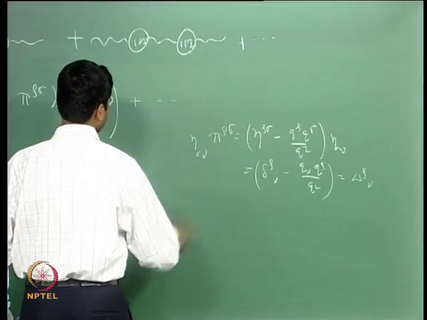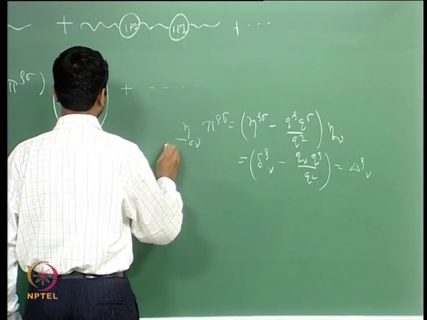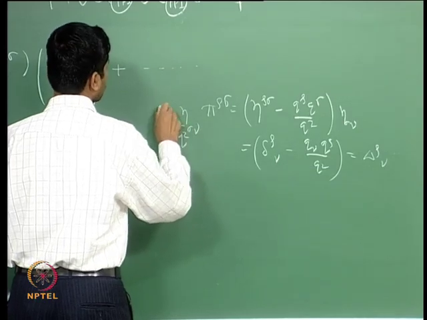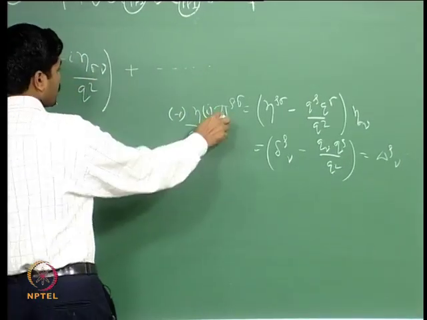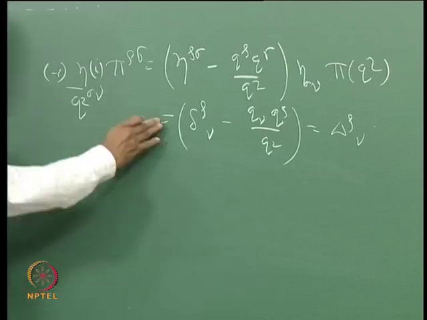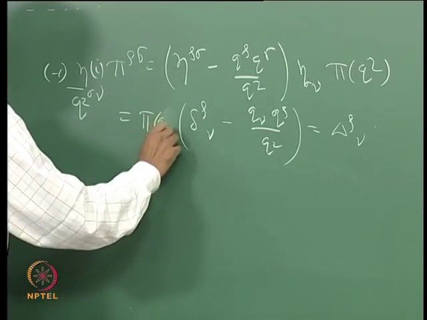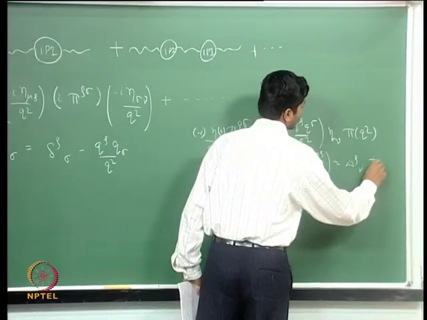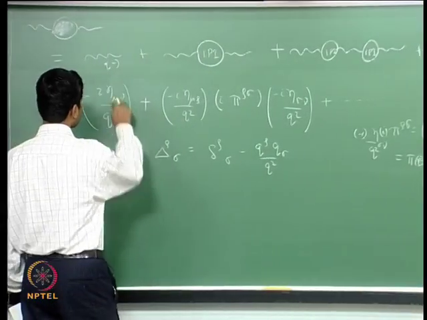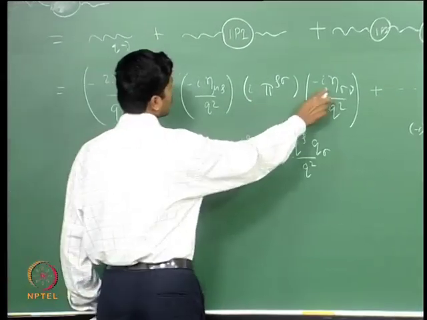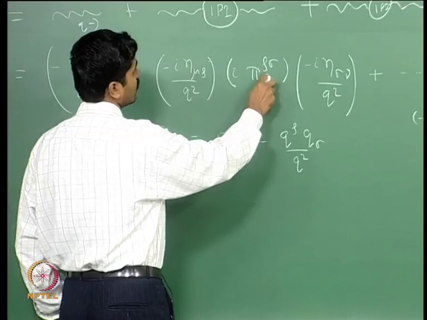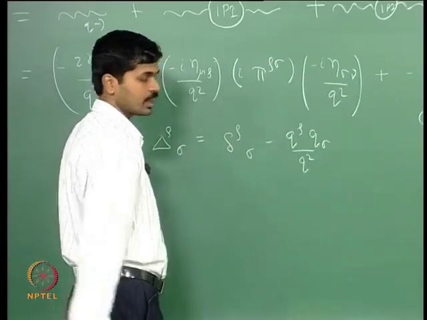So, η_μν times η_ρσ divided by q² minus i times i π is given by this times π of q². So, you will have a factor of π of q² here. This is just to say that if I leave the first term here, then the product of the second and third term is nothing but δ_ρν times π of q².